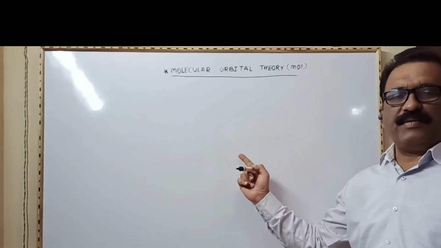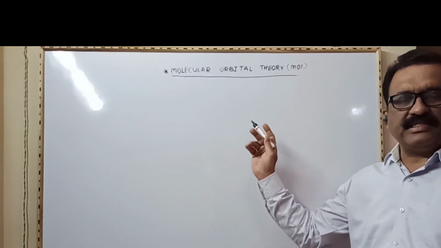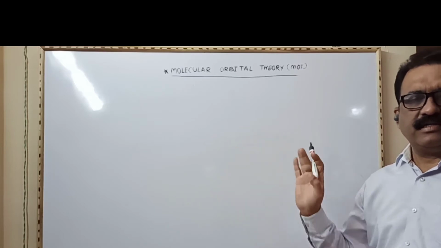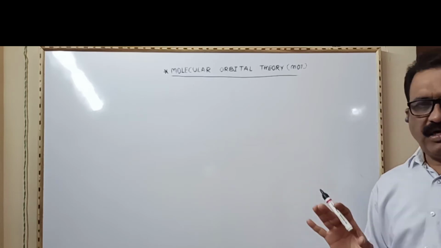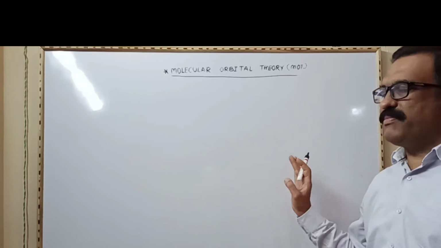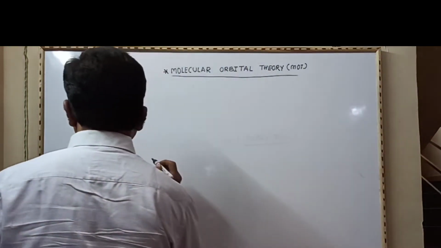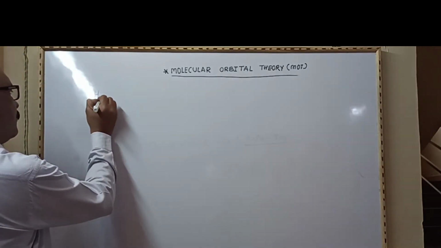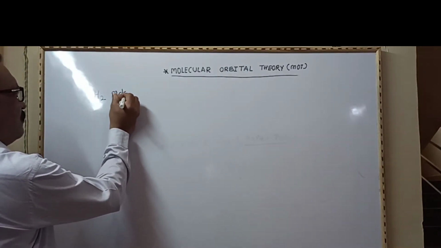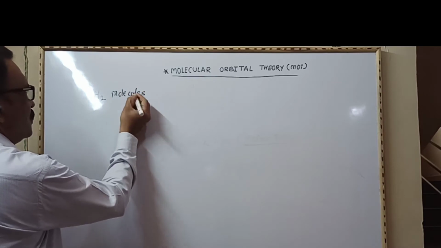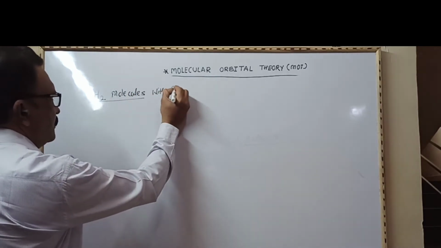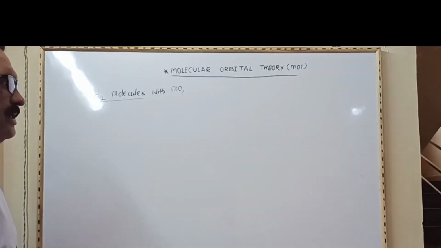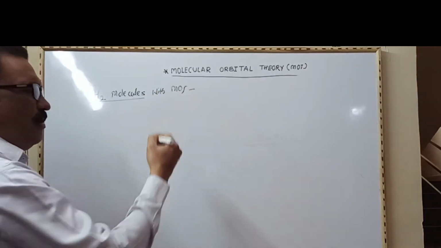As overlapping has a greater extent, the covalent bond formed is a stronger one. Now, the formation of the hydrogen molecule with the help of MOT, molecular orbital theory.